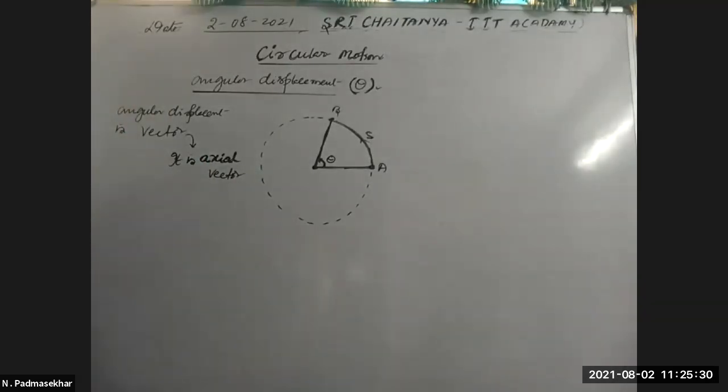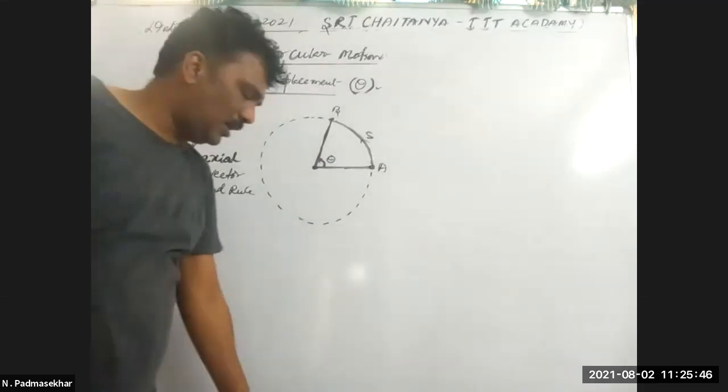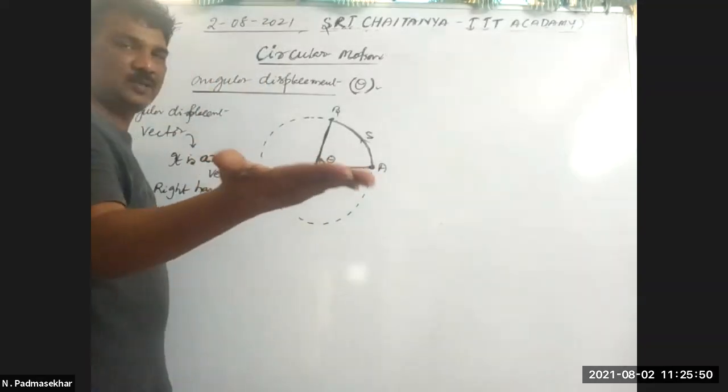Ante by the right hand thumb rule. By right hand rule. So right hand rule ante ela ipudu stretch the four fingers like this.